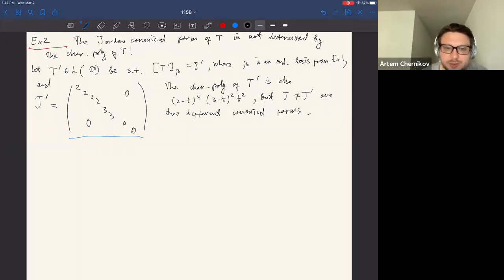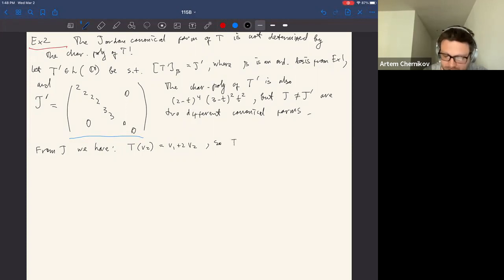Okay, also let's make a couple more observations in this example. Looking back at the matrix J in example 1, we have that T of V2 is equal to V1 plus 2V2. Just look at the second column of J. This tells us what happens if you apply T to V2.